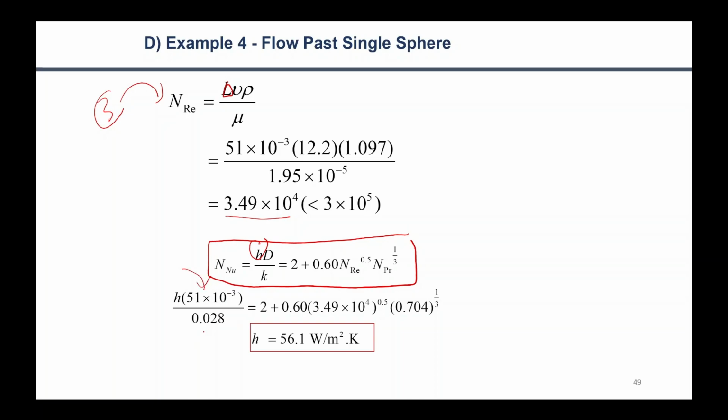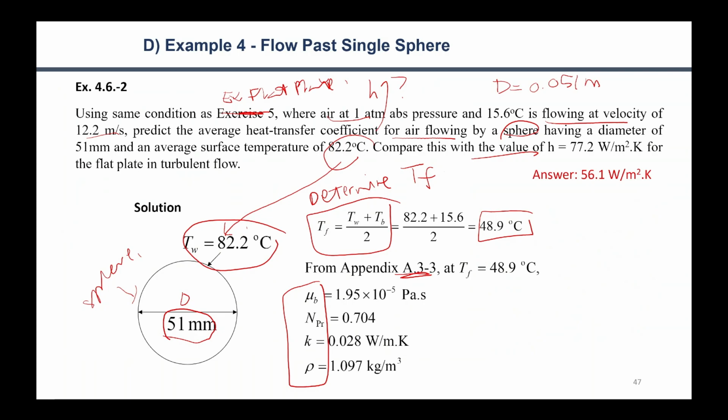Just plug in the values. This is the value of D, this is k from our interpolation, and this is the Reynolds number and Prandtl number from the interpolation. Finally, you will get the average coefficient as 56.1. The example says compare.